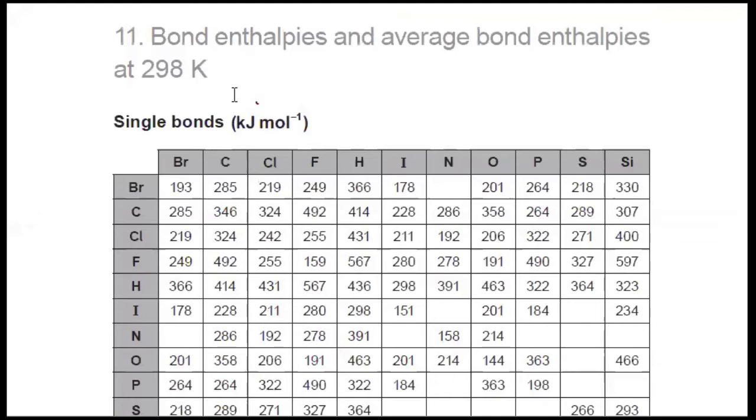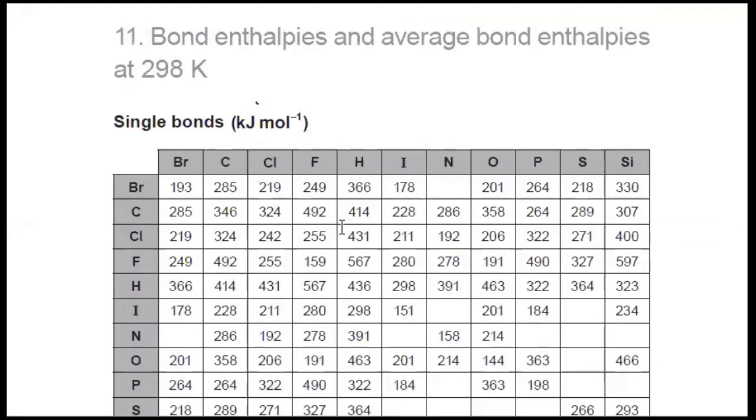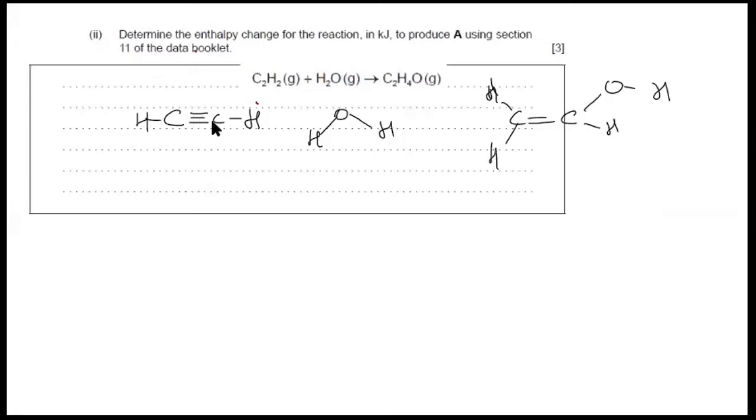Please keep in mind, we have to depend on the average bond enthalpy table, not any other table. And in fact, it is clearly stated. Here we have table 11 as mentioned in the question. So let's see what all data we require. We need C triple bond C. We need CH data. We need OH data. Then again CH data, C double bond C data, CO data, and OH data.